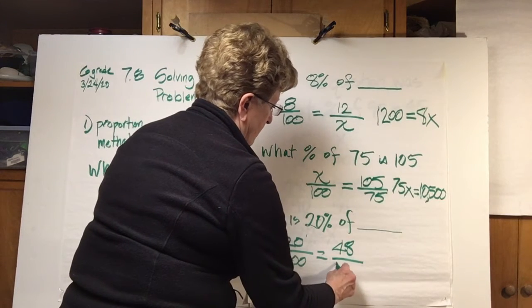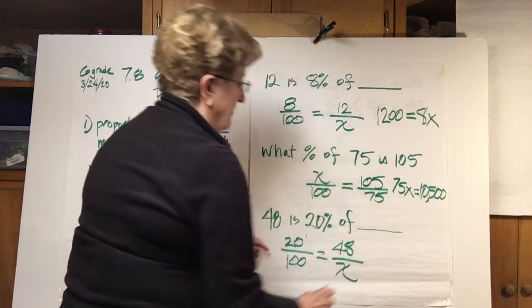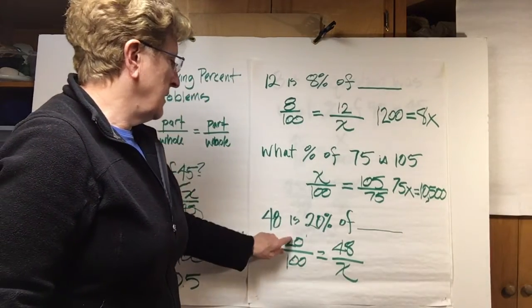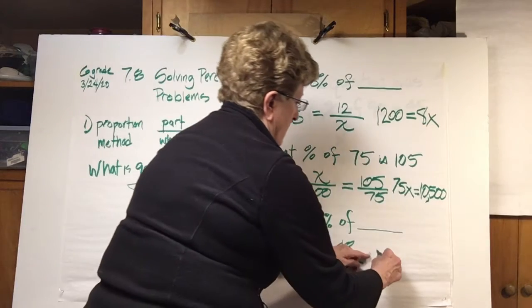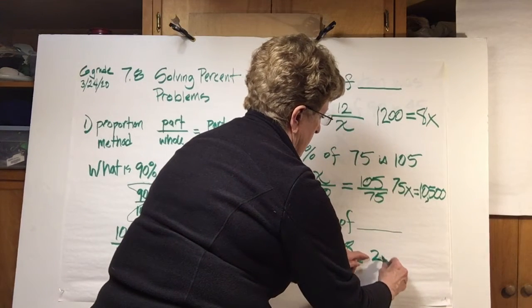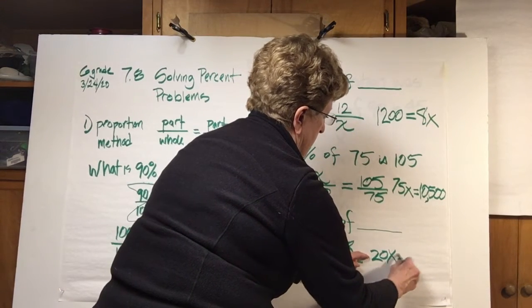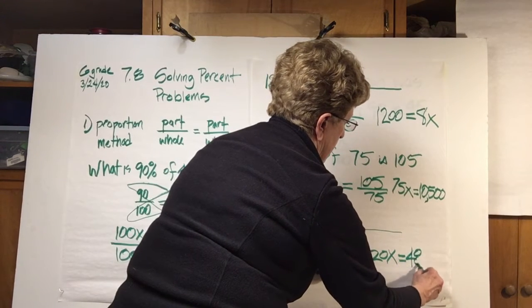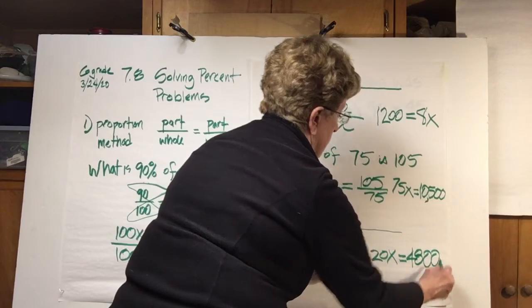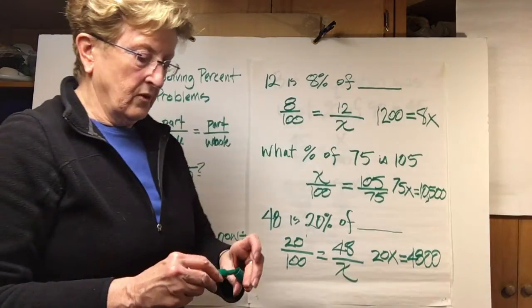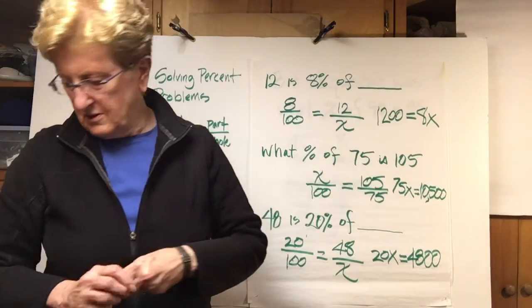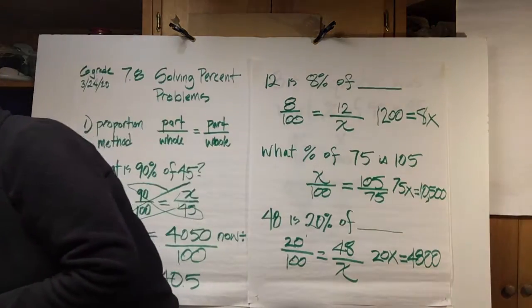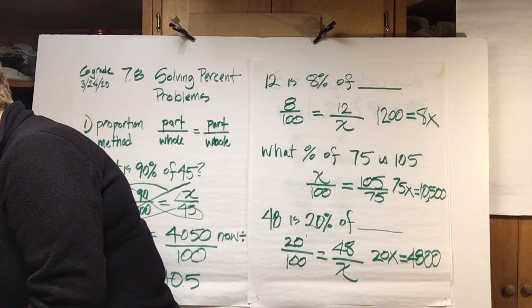But I don't know what the number is going to be, so there is my variable. 4,800 equals 20x. Again, I'm going to leave you guys to do the divisions. And I think you're going to find it really easy to work with.